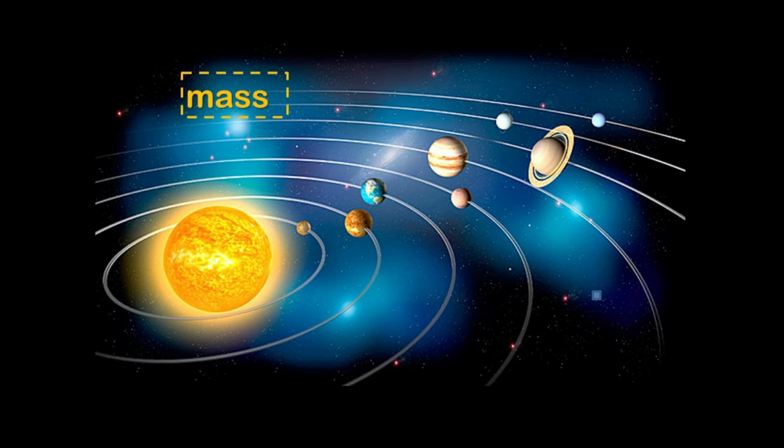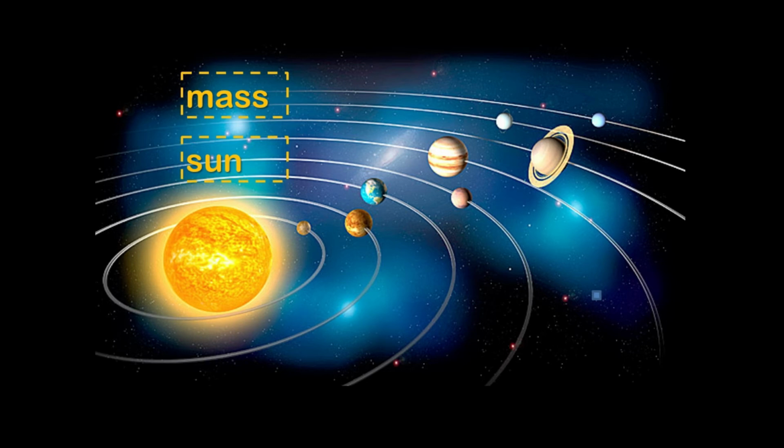First is the mass. Much of the mass of the solar system is concentrated at the center, where the sun is. As we have seen, our sun is the biggest of all the other entities in our solar system. So, of course, since it's bigger, it's heavier.